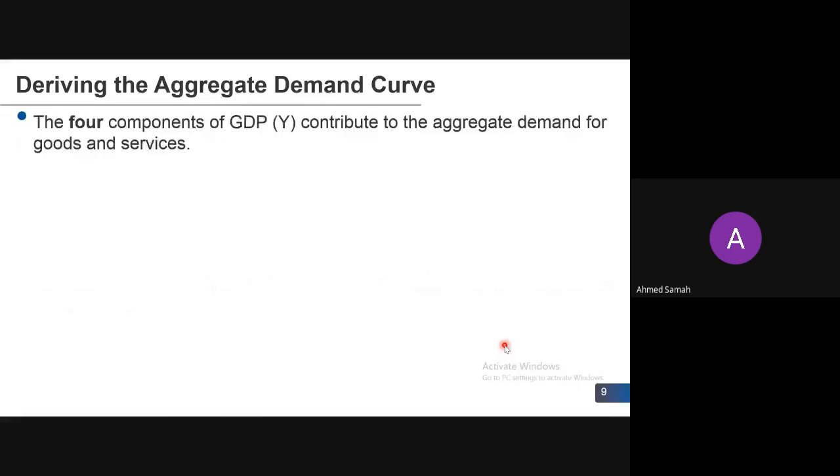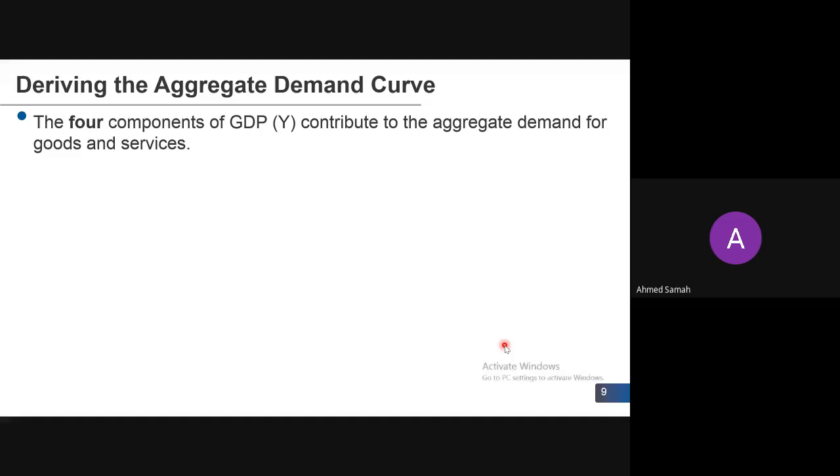All right, so how do we derive the aggregate demand curve? There are four components of GDP. GDP is represented by the letter Y. These four components of GDP contribute to aggregate demand for goods and services.